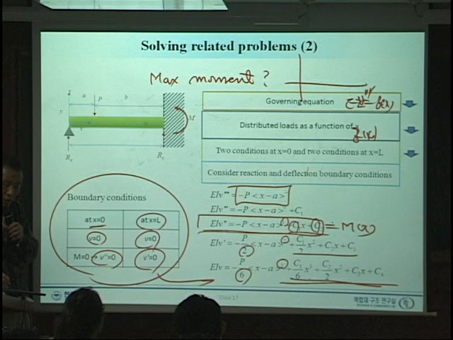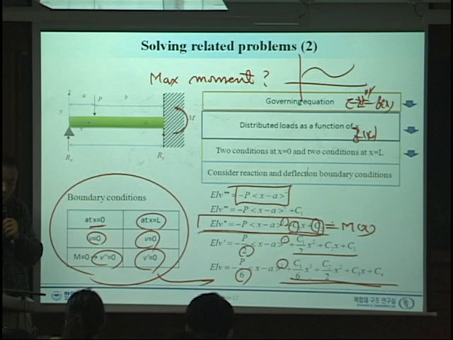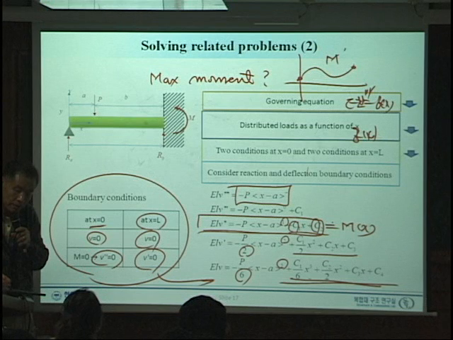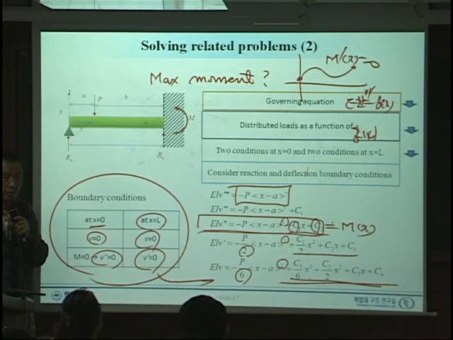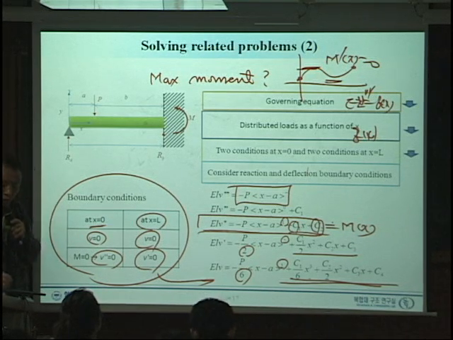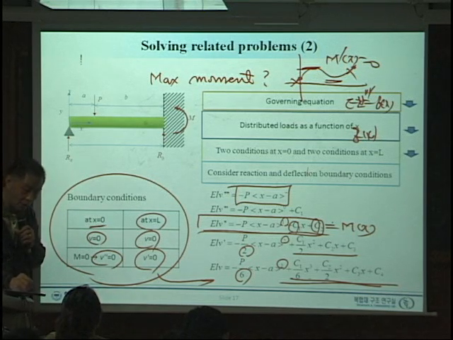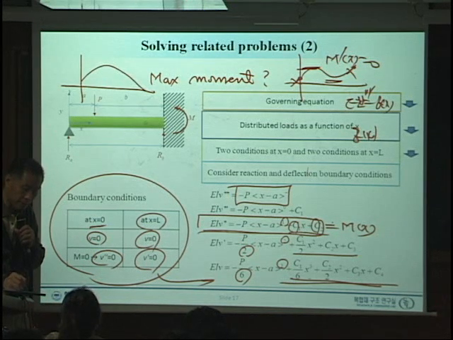You have a function. How do you get the maximum? You always check the boundary and prime equals 0. Prime means slope, either this point or that point, right? So you check the boundary, and derivative should be 0. You know what I'm trying to say? You have any function like that.